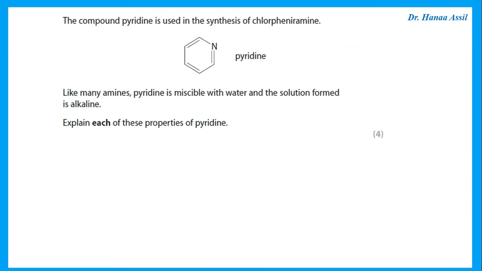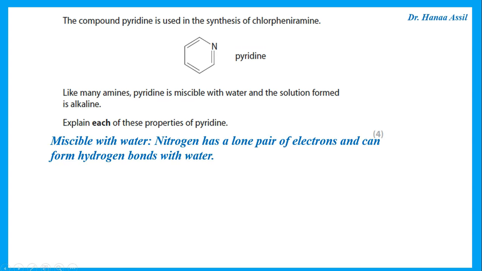So if we say the compound pyridine is used in the synthesis of this compound, like many amines, pyridine is miscible with water and the solution formed is alkaline. Explain each of these properties of pyridine.